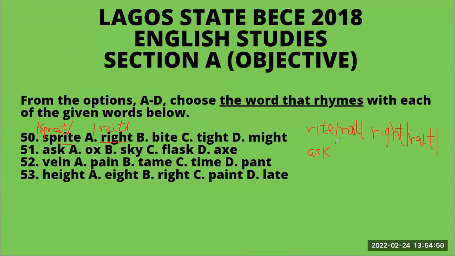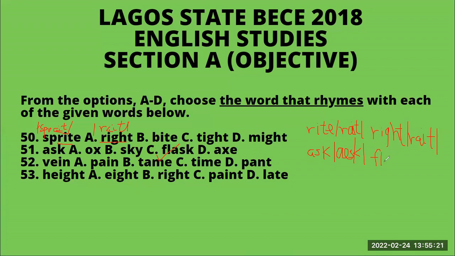Again, I want to teach you transcription. Well, there is S here. Please take note of that. This is "ask." Then we are going to look for the rhyme. A, "ox," no. B, "sky," no. C, "flask," yes. Now take note of "flask."